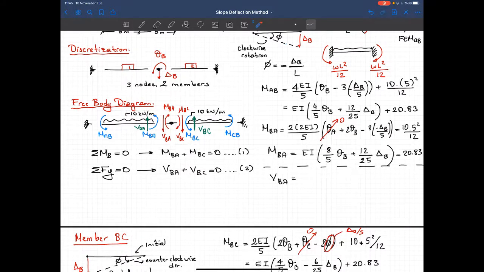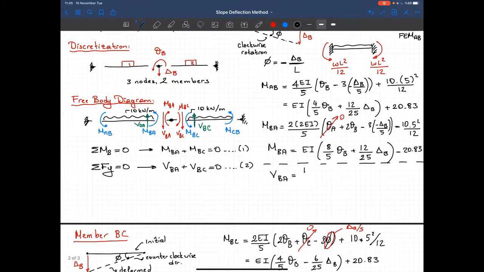So this tells me that V_BA is equal to 1 over 5 times (minus M_AB minus M_BA plus 10 times 5 times 5 over 2).